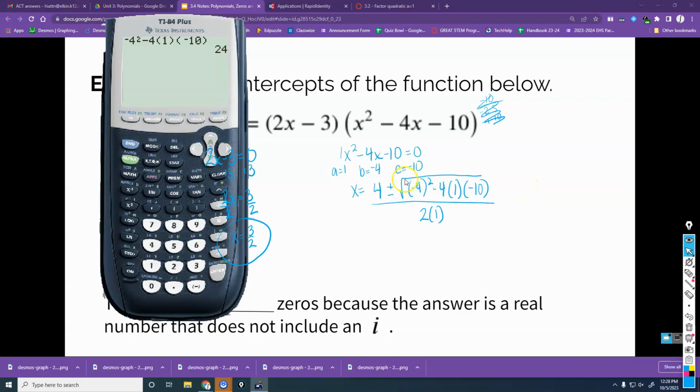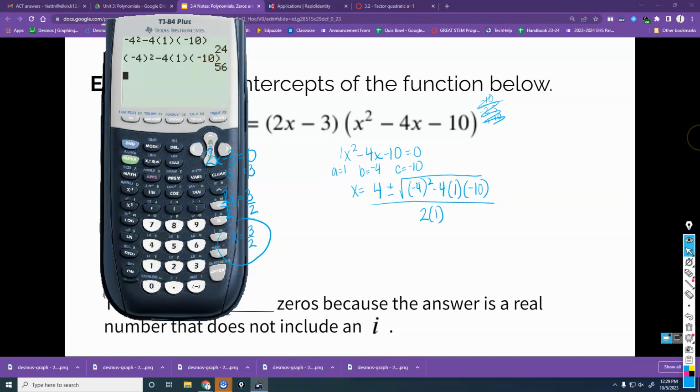So if I'm trying to type in this stuff underneath that square root, what did I do wrong? I missed the parentheses on that negative 4. It makes a difference in your answer. You will get 56 if you do it this way.